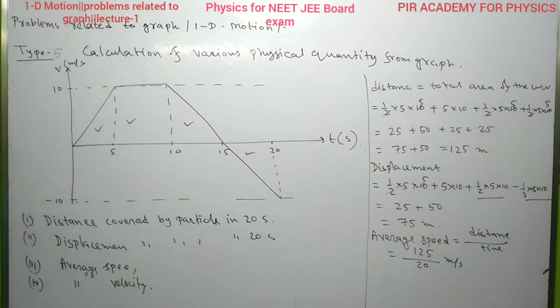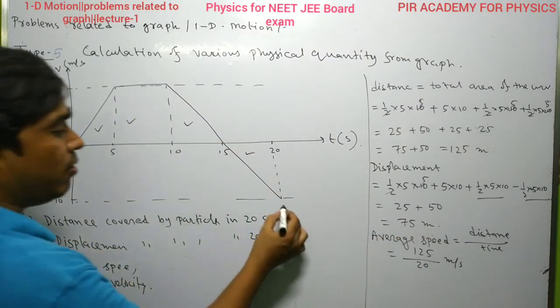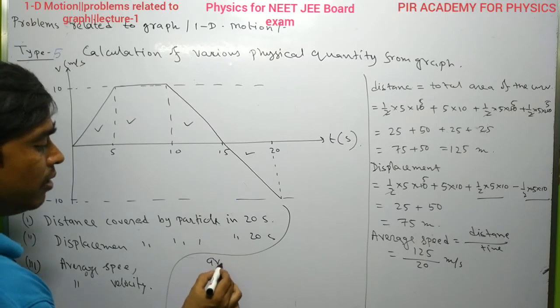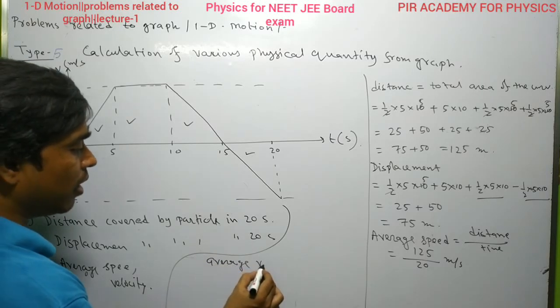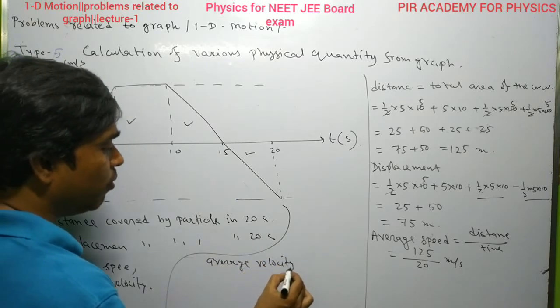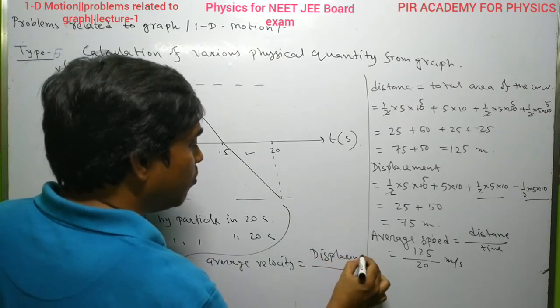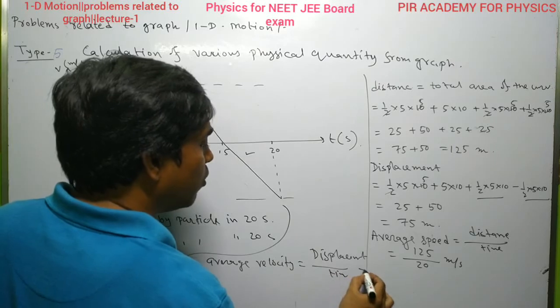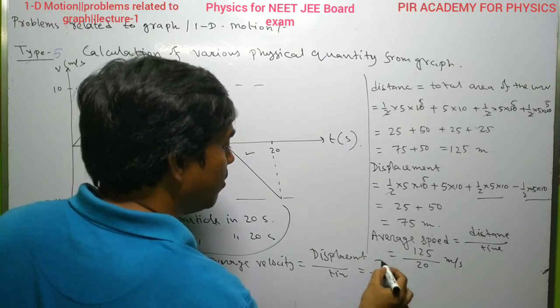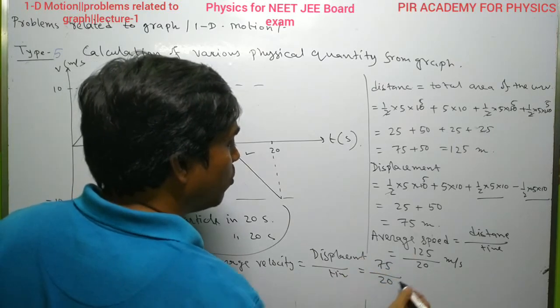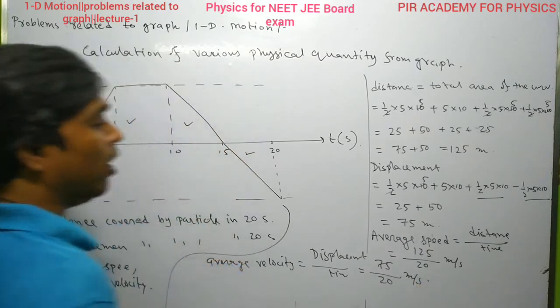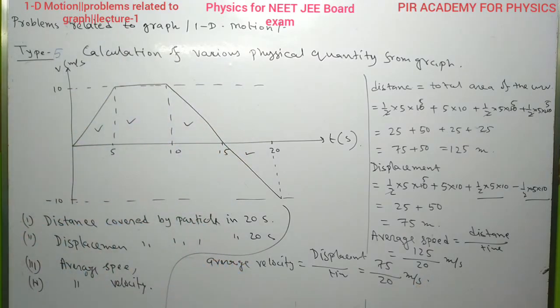This is the average speed, and average velocity will be total displacement divided by time. Displacement is 75 divided by 20, that means 75 by 20 meters per second.